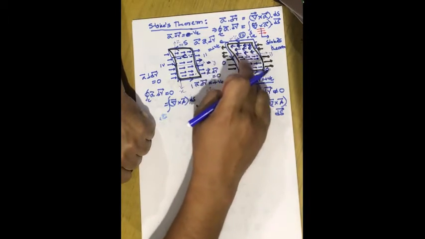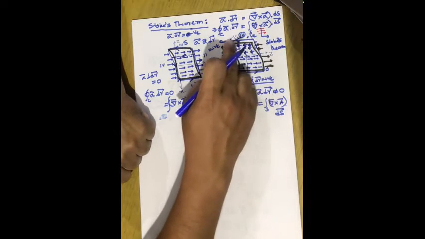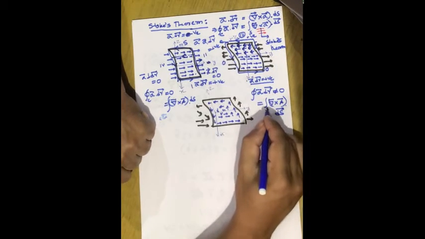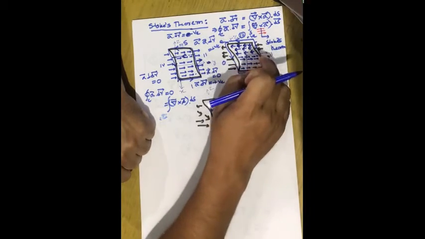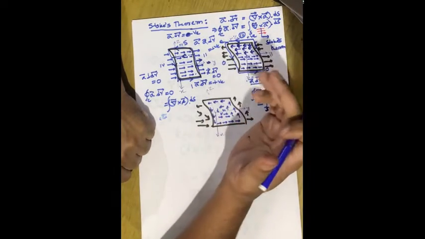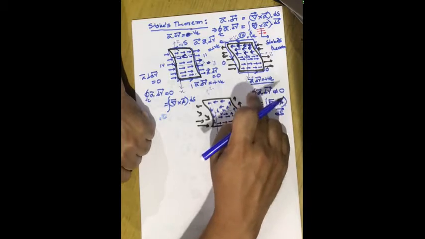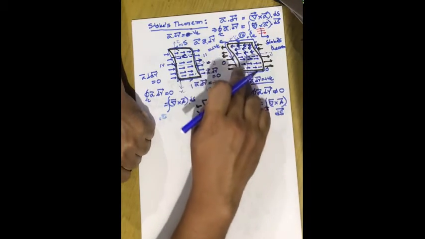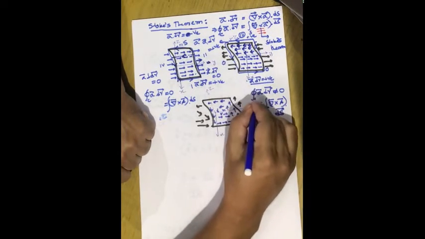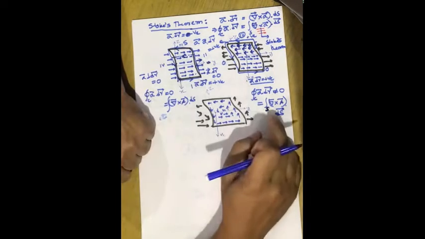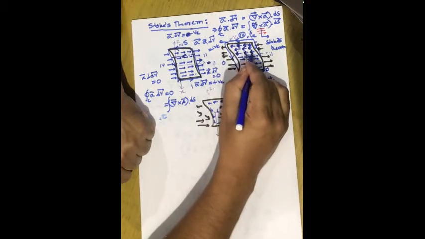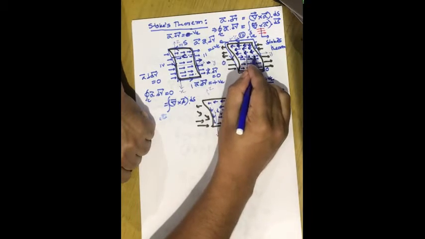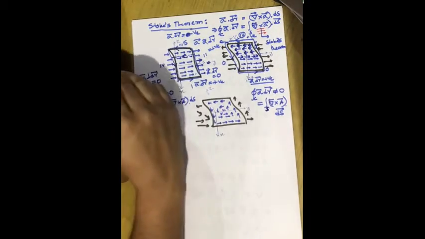Okay, and this field should be surrounded by this surface. That's why we have written it as the surface element S. We don't want the curl outside the surface because it doesn't have any meaning, because we have only considered inside this surface as the surface area is bounded by this closed loop C. As you can see, this row is along negative y direction and this row is along positive y direction.